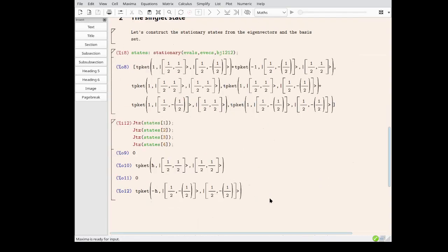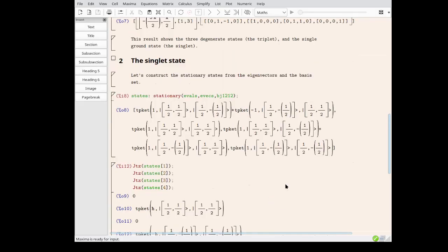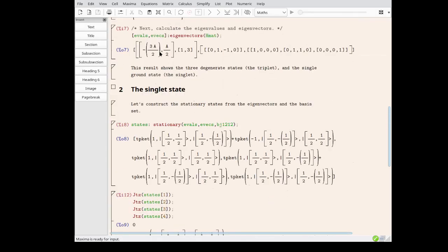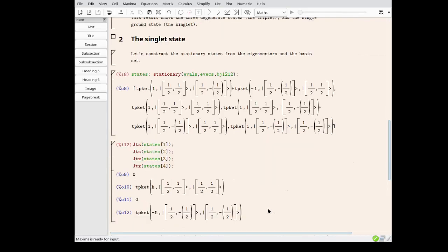Okay, so now the singlet state is the state that only has a single eigenvalue, and the triplet states have the degenerate eigenvalues. So we can look at the total z projection here for each of the states.